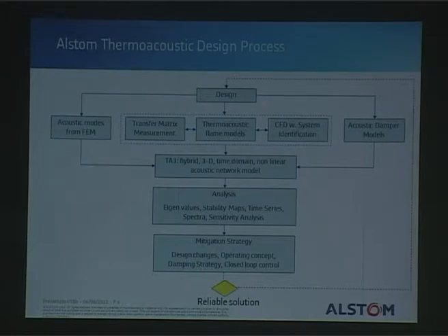So here's the process, how we go about it. We start with a certain design, and then we break that design out into different parts and build up a model of it. Some parts, like the combustion chamber volumes, we can model with finite elements, and then we have a trick to use these modes in a hybrid thermoacoustic network model.